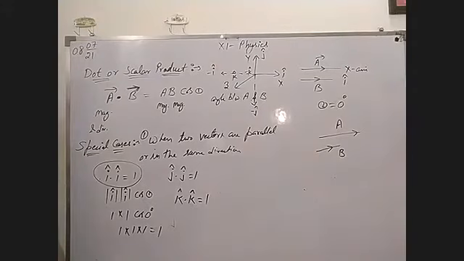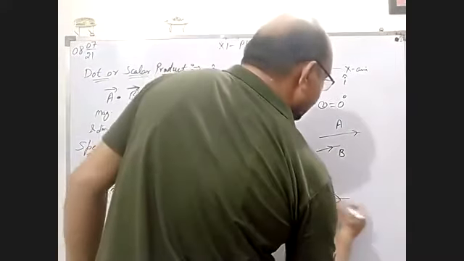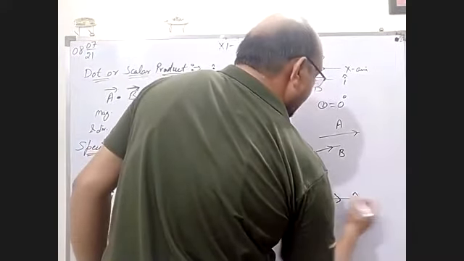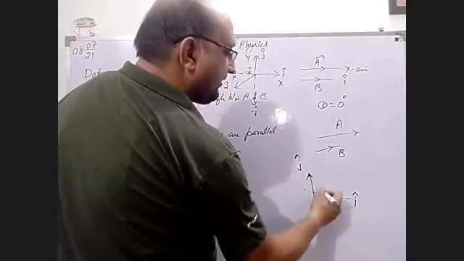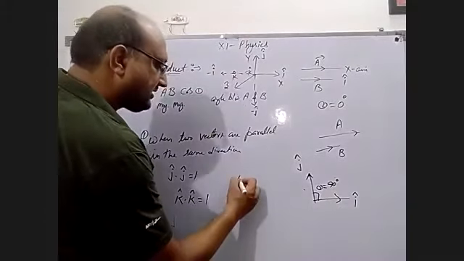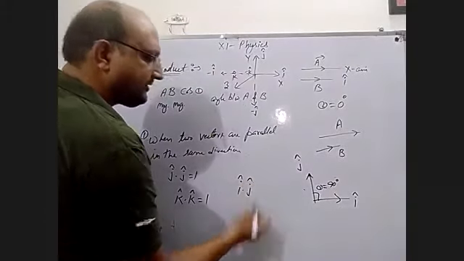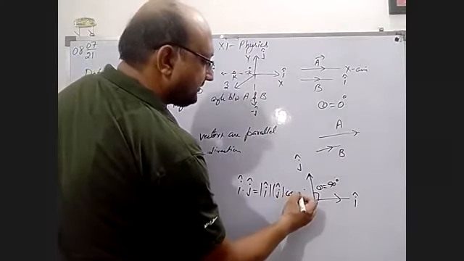But if they are perpendicular, suppose one is on the x-axis and another on the y-axis, then the angle between them is 90 degrees. Then what is vector i dot vector j? Solve it. Magnitude of vector i, magnitude of vector j, cos theta.